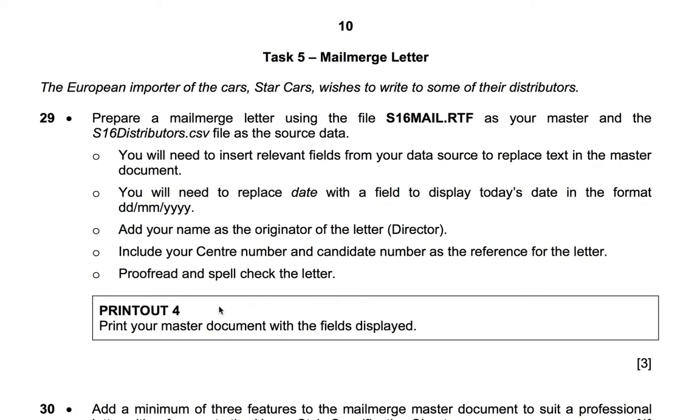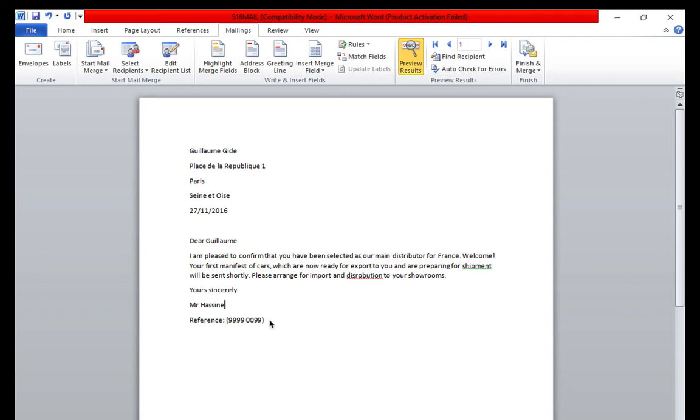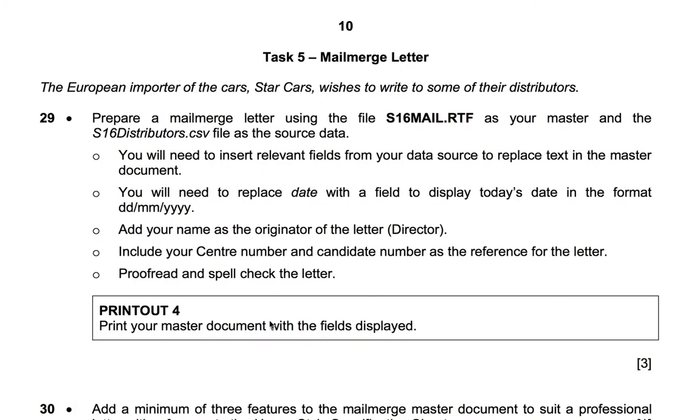We would then go back here, include your center number, candidate number as the reference for the letter. So in here where it says reference, they want the reference of the letter to be our center number, candidate number. So we said our center number is QA066, for example, and candidate number is 9999. Okay, so there we go.